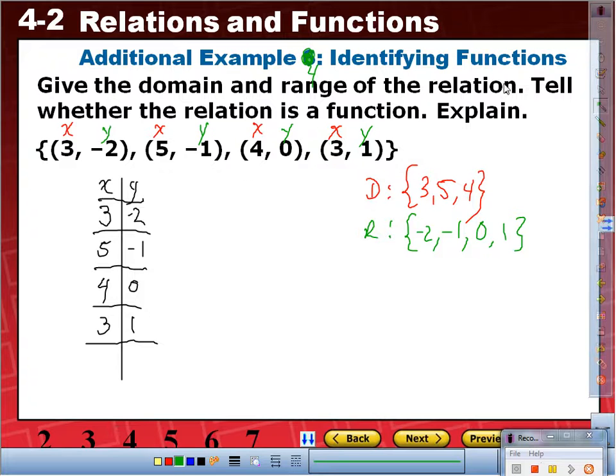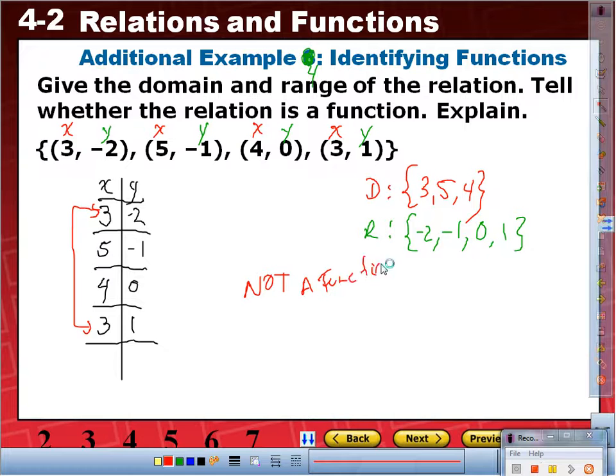Okay? So now check this out. They're asking, tell whether the relation is a function. Let's see. What are we going to check? To see if a number for X repeats. Does a number from X repeat? Yes, the 3. So now, if it repeats from here to here, it should have the same Y value. Does it have the same Y value? No. Therefore, it has 2 different outputs, so this is not a function.